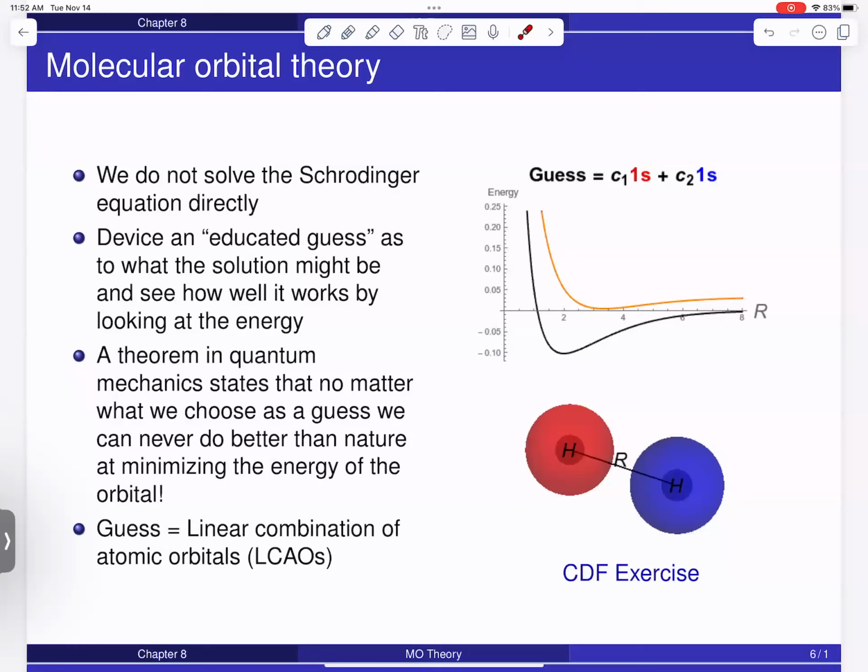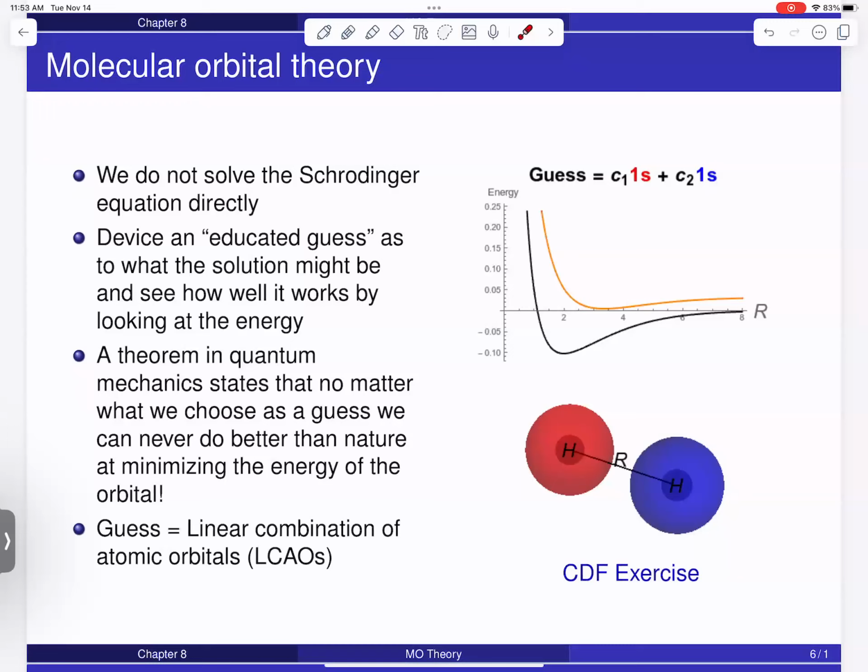Again, we're not going to dive into the mathematical details here, but we're going to use a little simulation to explore what I mean when I say you devise an educated guess and optimize this guess to come up with a better and better approximation to the molecular orbital theory description.